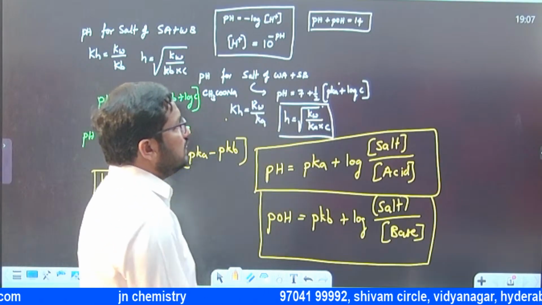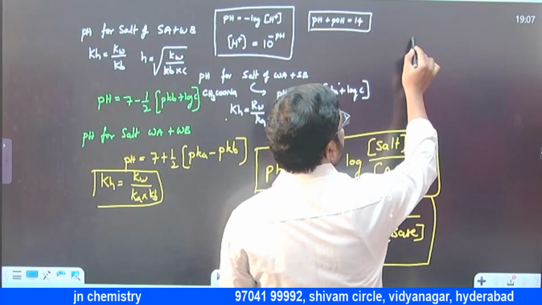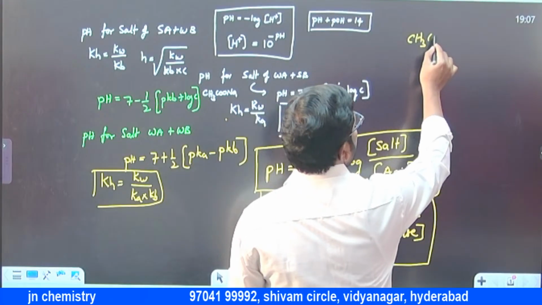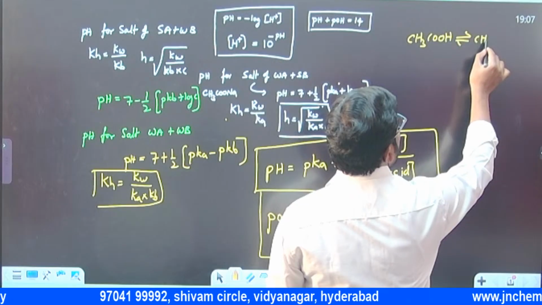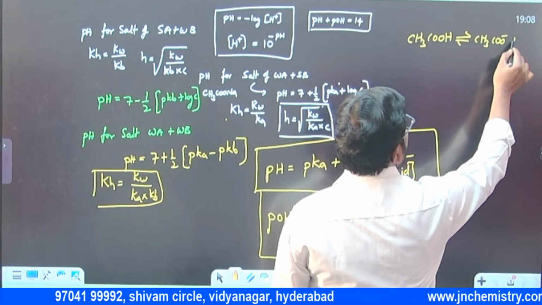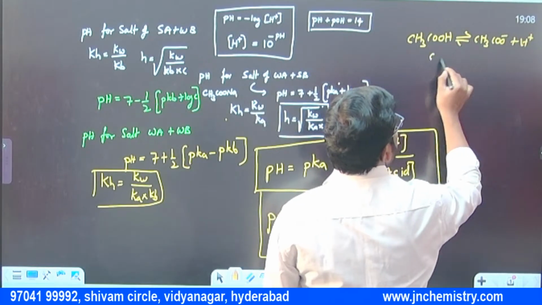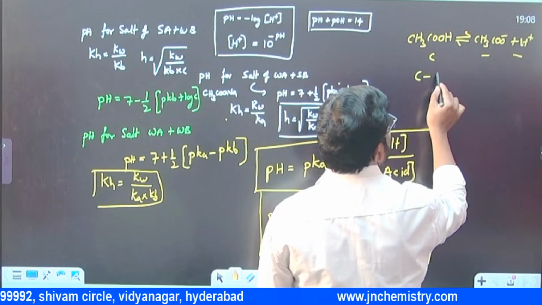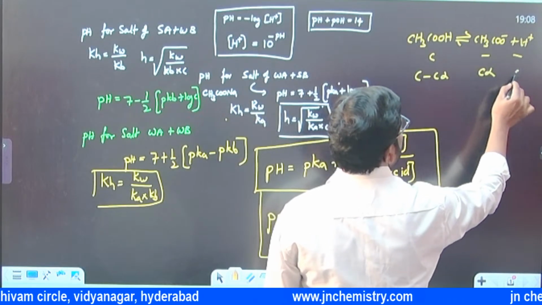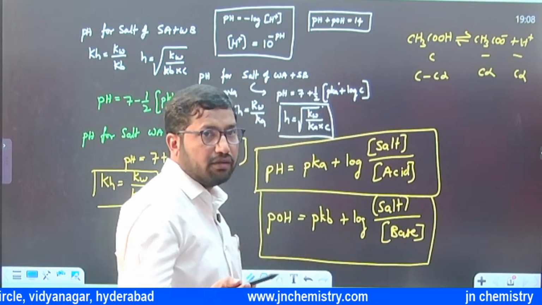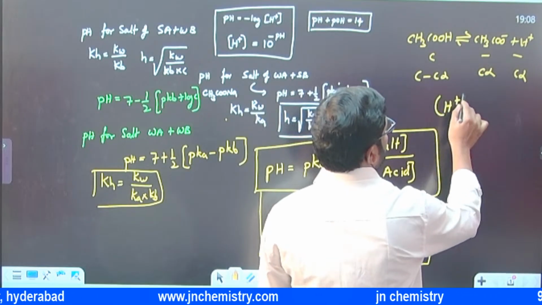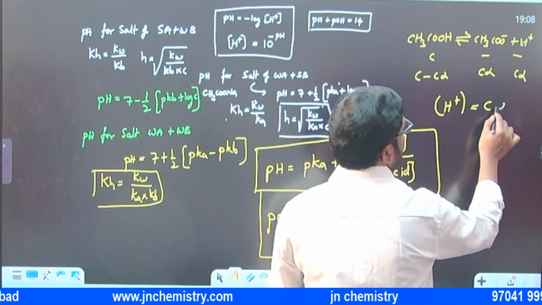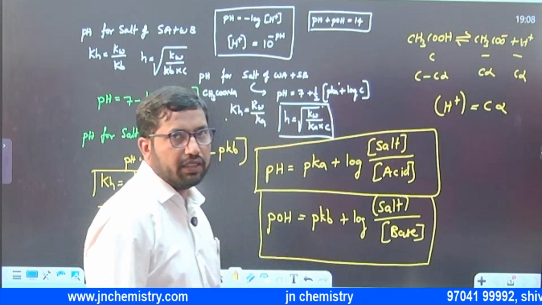So for weak acids, Nana, CH3COOH gives rise to CH3COO minus and H plus, with concentrations C minus C alpha, C alpha, C alpha. H plus ion concentration is nothing but C alpha. For weak acids, we need to know the alpha value.